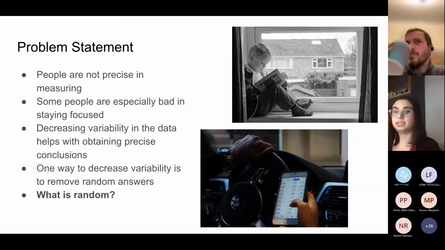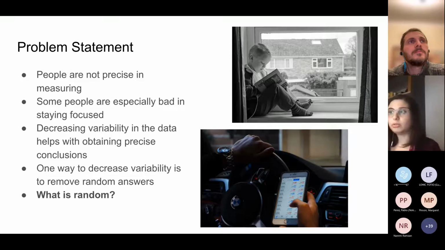We want to detect this varying behavior in order to obtain precise conclusions, so we want to decrease the variability in the data. One way to do that is to remove the answers that we think are random because the person was distracted, for example, or because they didn't understand the test itself.